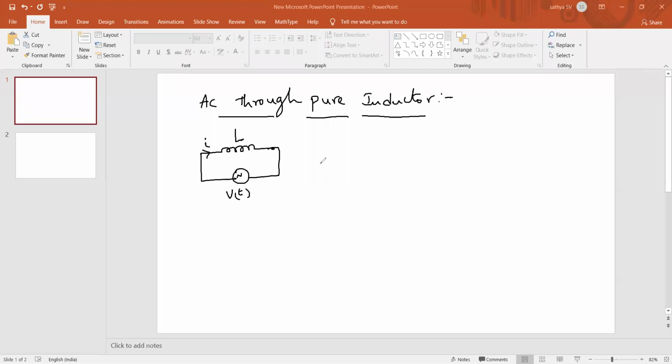Now, opposition to sudden changes of current means, of these V and I parameters, which one is leading and which one is lagging? How should we come to know that? For example, take your tube light. There should be some choke, some inductor.